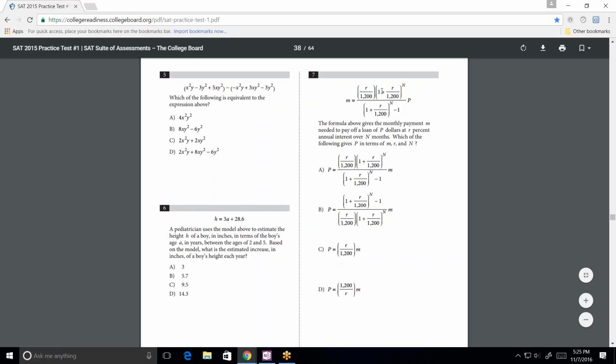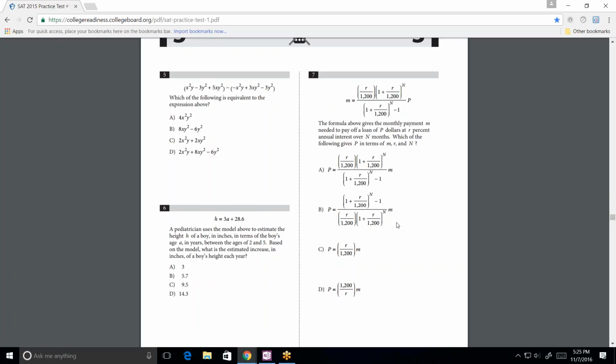And in fact, we start seeing everything that's in the question. Then it becomes relatively straightforward: all I need to do is multiply both sides by the entire denominator and divide both sides by the entire numerator. And so P becomes B. It's a 20-second problem instead of a 10-minute problem.